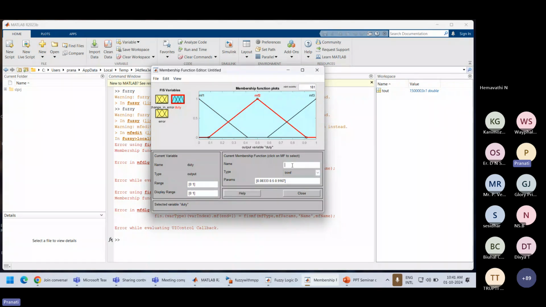We can add membership functions, negative medium. Then this one we can select, and this is positive large. Similarly, I have formed 7 membership functions for the input and the output, giving 49 rules.